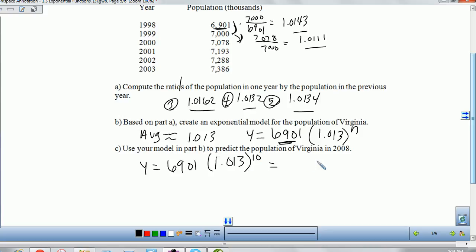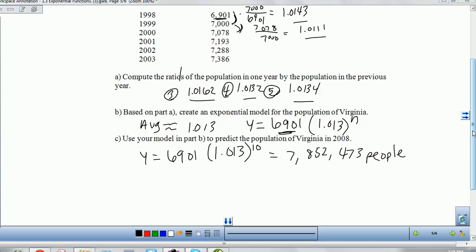And when you plug that in, and then times 1,000, because you get 7852.4735, but that is in thousands. So it's 7,852,473 people in 2008. That's what we can assume the population is going to be.